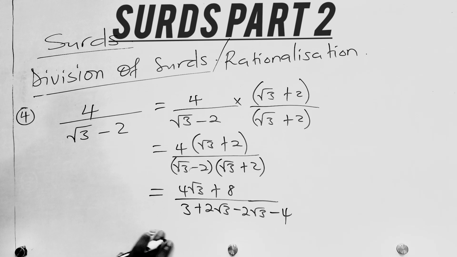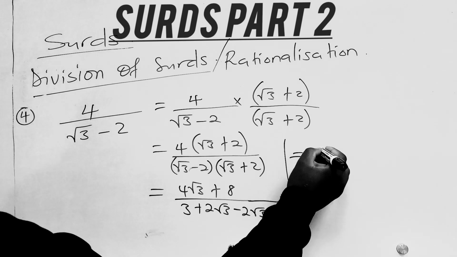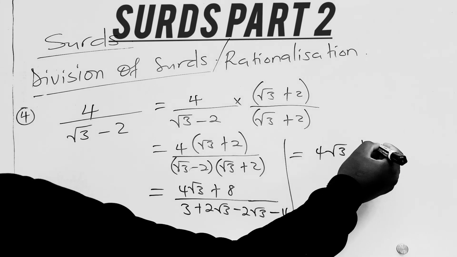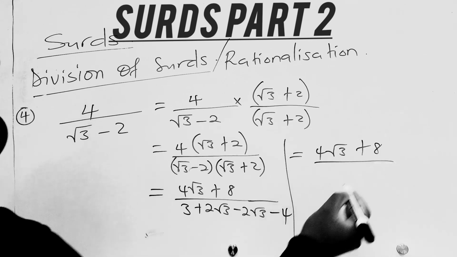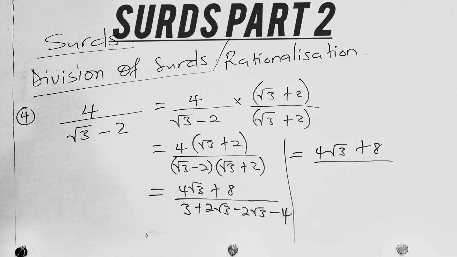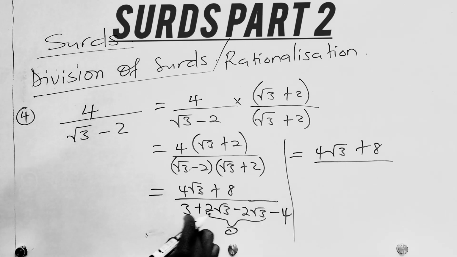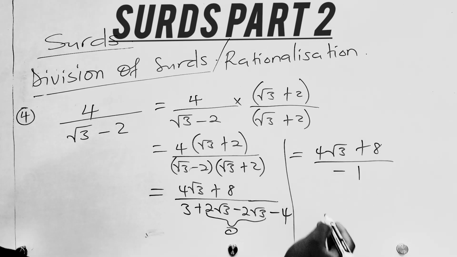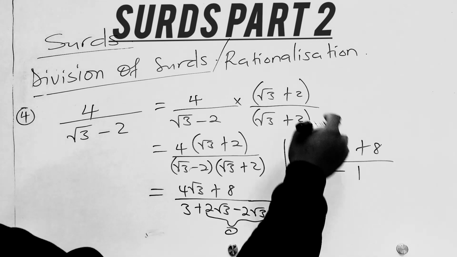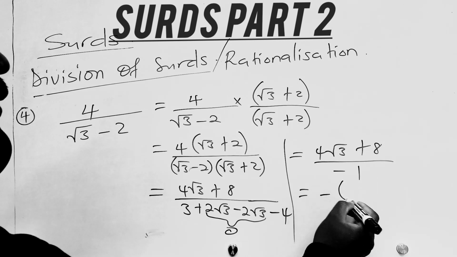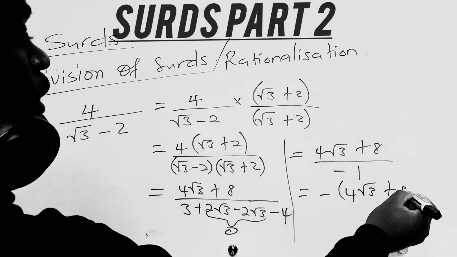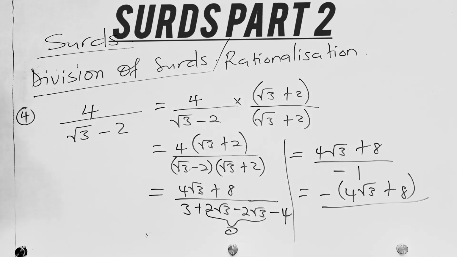So we continue here, this is 4 root 3 plus 8 over, 2 root 3 minus 2 root 3, this one gives us a 0. So I'm left with 3 minus 4. 3 minus 4 is minus 1. So our answer will be, we can take this one up, then it will be negative 4 root 3 plus 8. That's our answer. Or we can distribute that negative inside to make negative 4 root 3 minus 8.